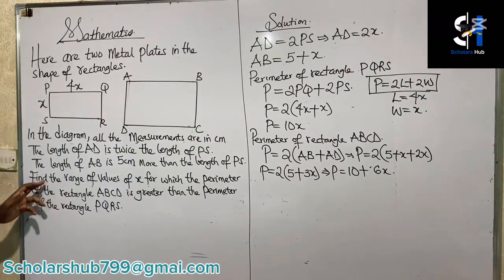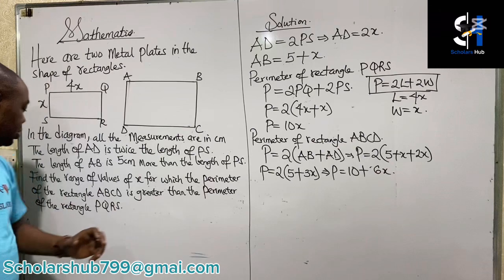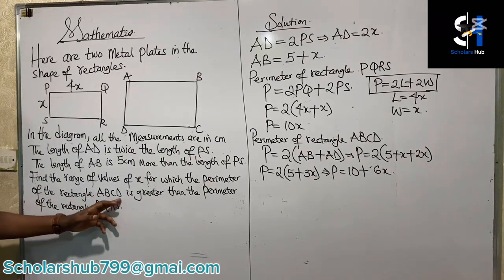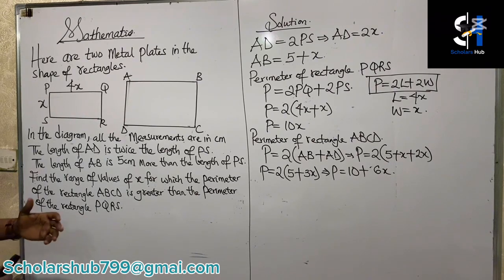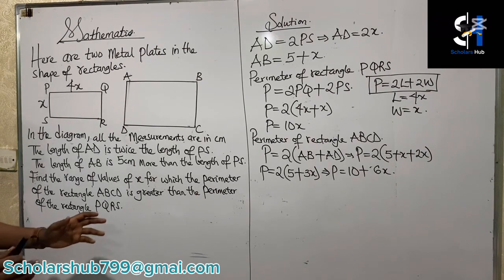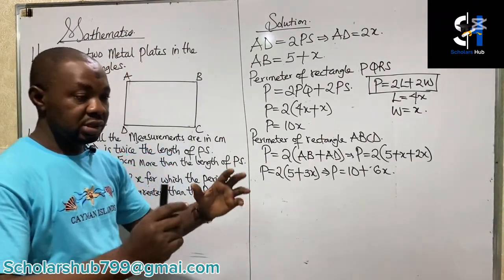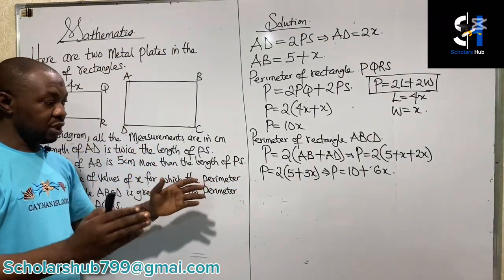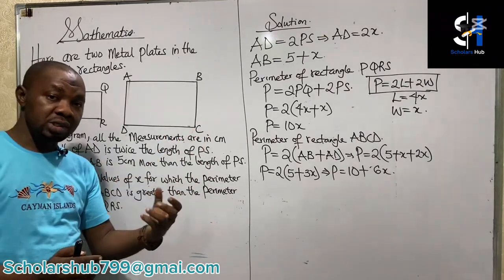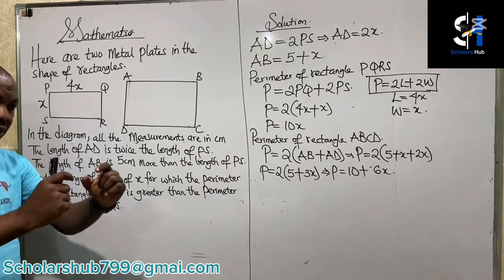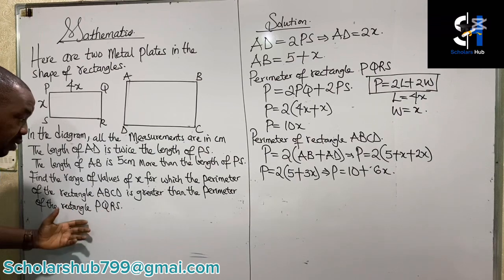Now we want to find the range of values of x for which the perimeter of the rectangle ABCD is greater than the perimeter of the rectangle PQRS. All we need to do here is to set up the inequality model, a linear inequality, for this verbal statement.